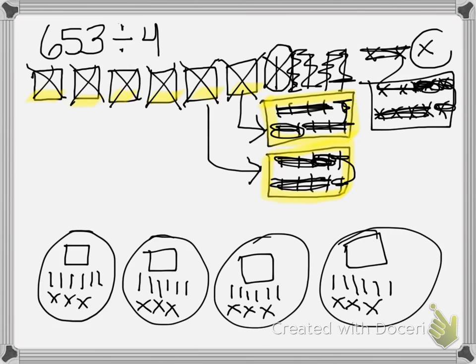Now I have this 1 left over, and I can't get that any smaller. So once I can't put the ones in evenly, that's my leftover, and we know that's going to be a remainder. So I'm going to go ahead and write remainder 1 right there.